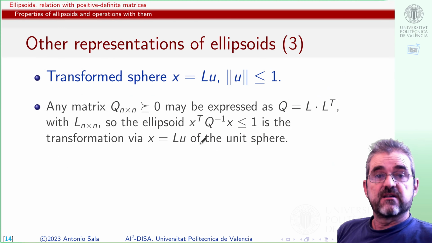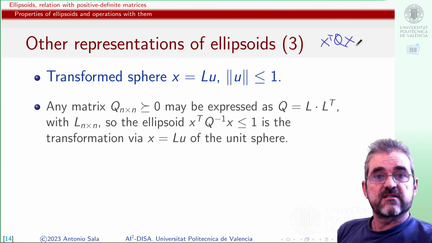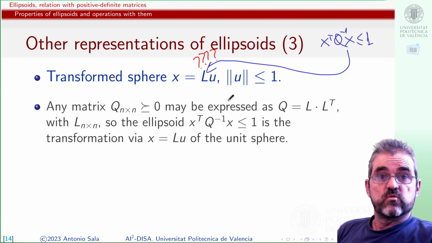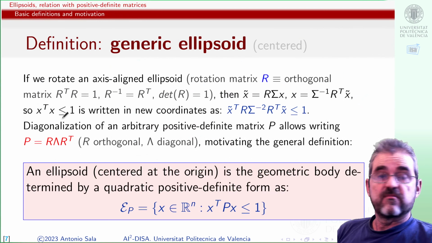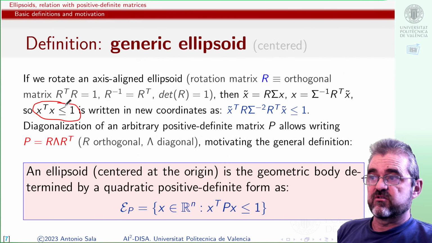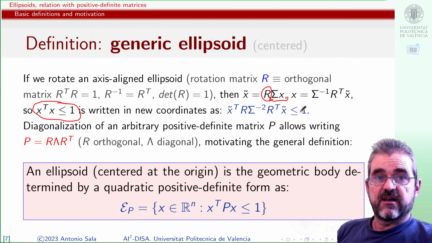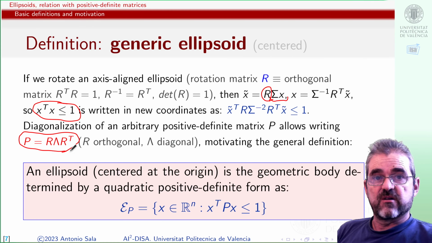And the last thing I wish to comment in this video is the case in which I have x transposed Q minus 1 x less than 1, then can I obtain the L that gives rise to the transformation of the unit sphere? Well, in fact, yes, we can, because in a previous video we already discussed that the transformation of the unit sphere via a diagonal scaling and the rotation rendered any arbitrary ellipsoid, and diagonalization recovered the rotation and the diagonal scaling.